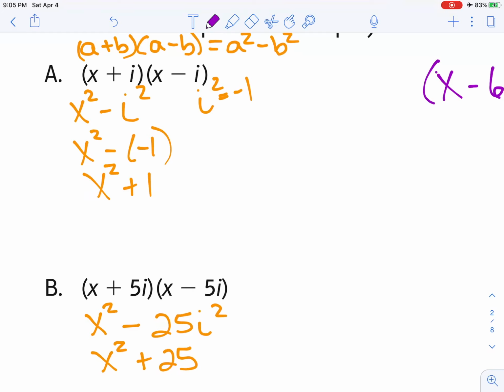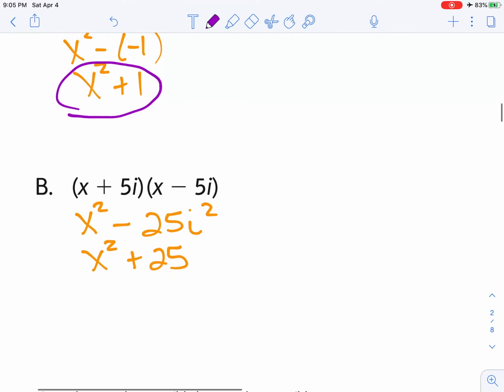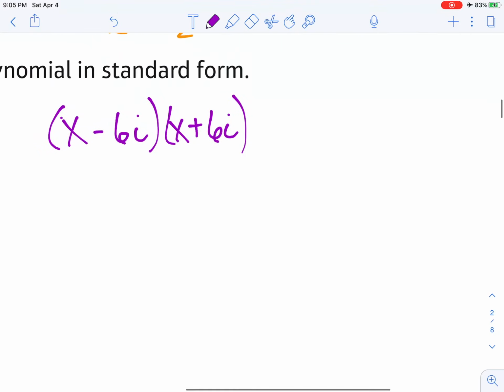Now, if you notice the pattern right here, the first and the second are squared, and I have a plus sign in the middle. So I have x squared, I have a plus sign. What's 6 squared? 36.